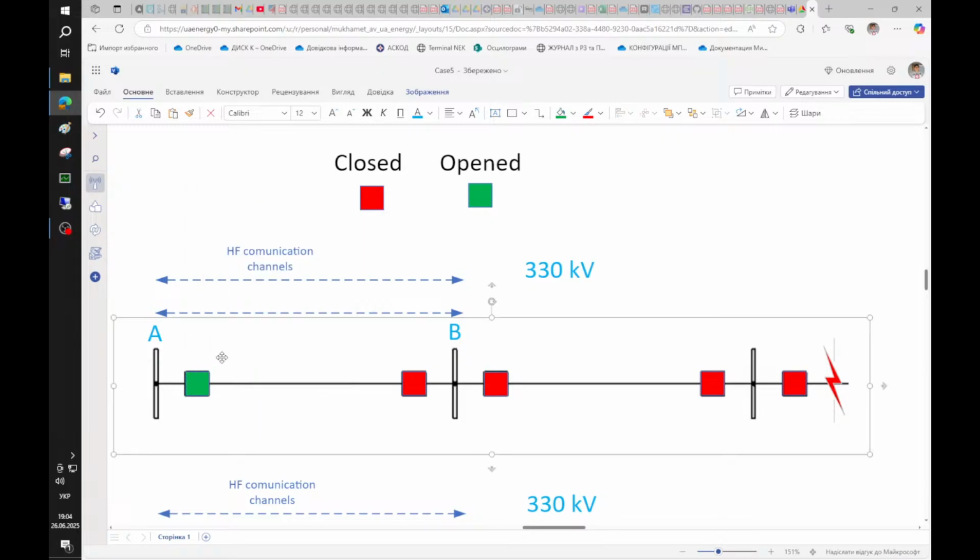This one. The relay on the substation B side didn't even start. So the problem was with this relay.